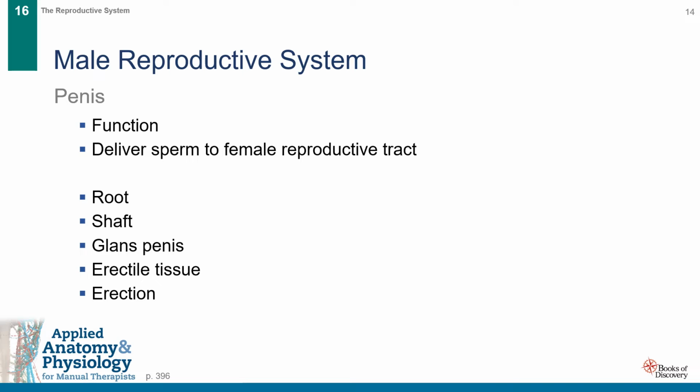The shaft consists of three fascia-covered cylinders of spongy erectile tissue divided into multiple compartments by thin walls of smooth muscle and elastic connective tissue.